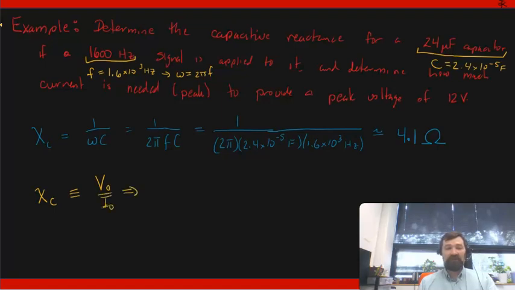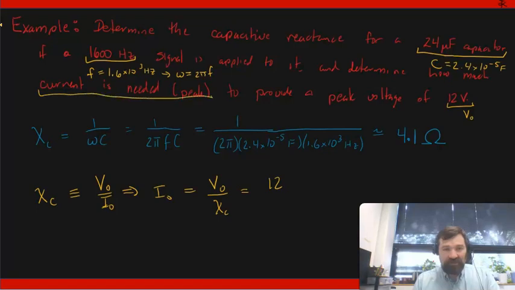And so if what I want to know is how much current I need, that is going to be peak voltage divided by capacitive reactance. So I'm given 12 volts. Again, this is the V naught. The current in this case, peak current, is I naught. So I have 12 volts divided by 4.1446 ohms.